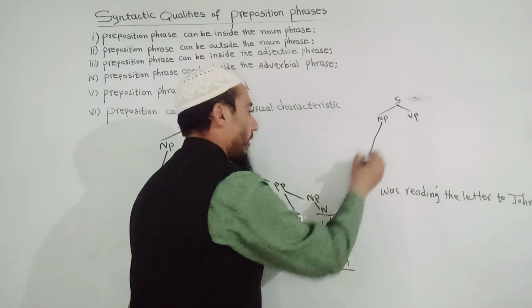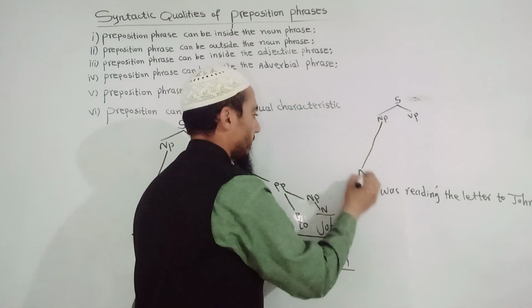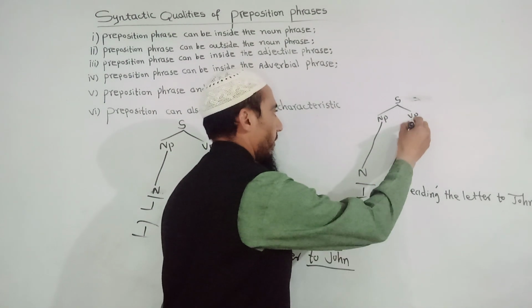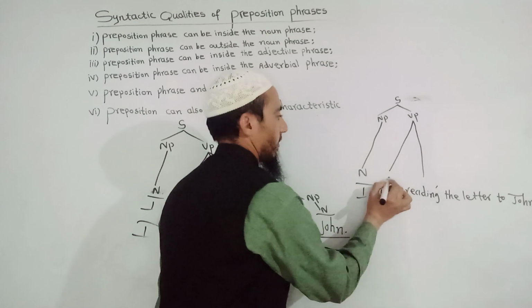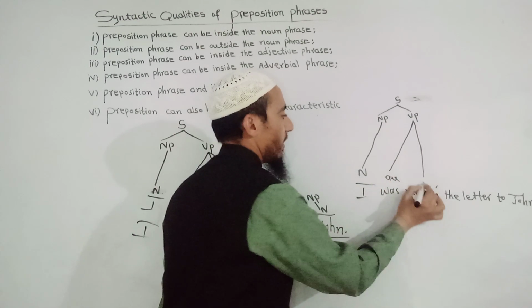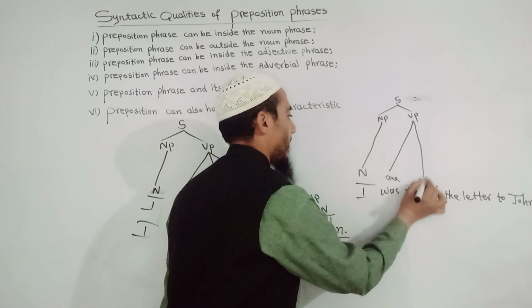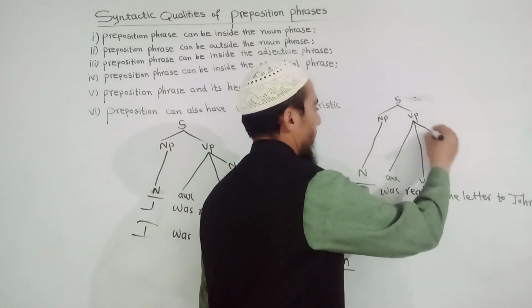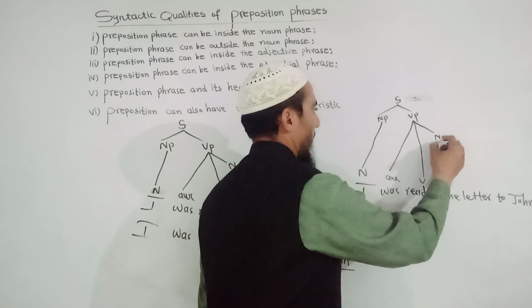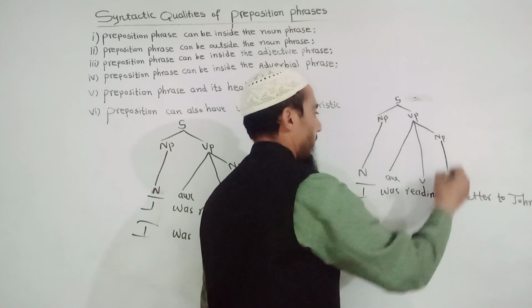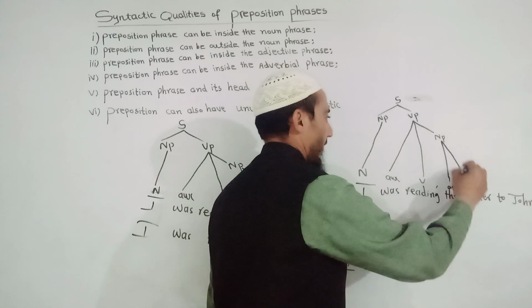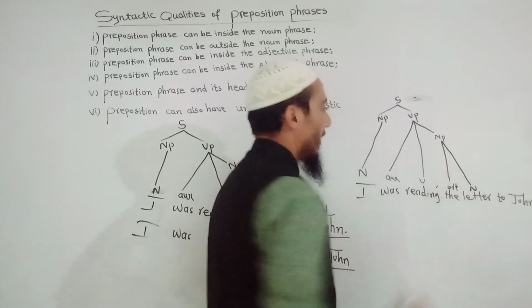In NP we have N, which is I, and we have VP, which has the auxiliary verb was, and the main verb reading. The letter, which is NP. In NP we have article, and after that we have noun.